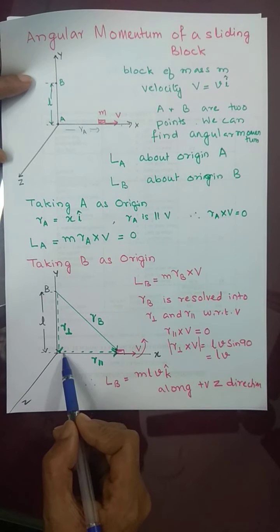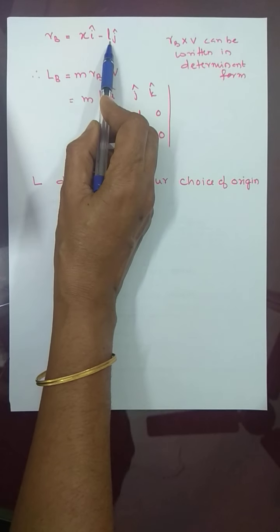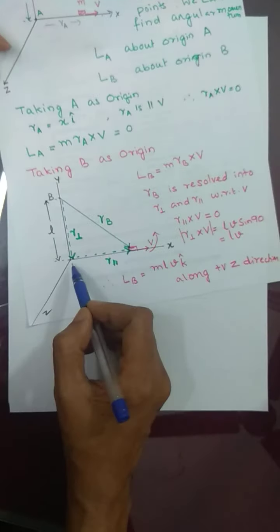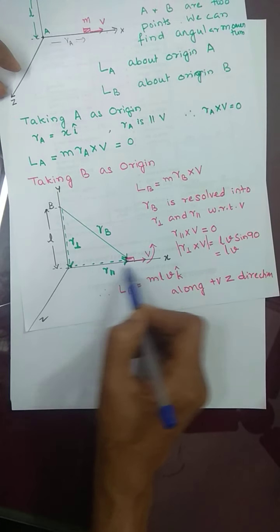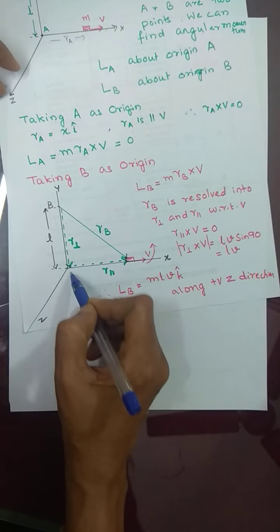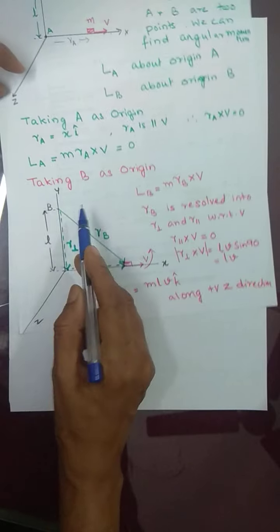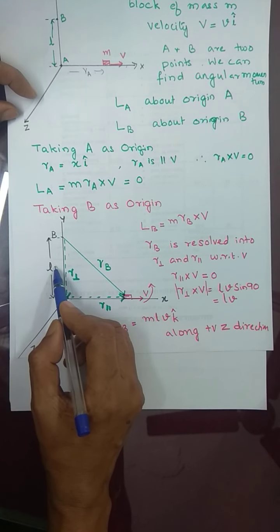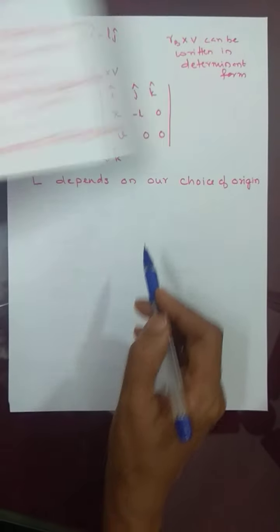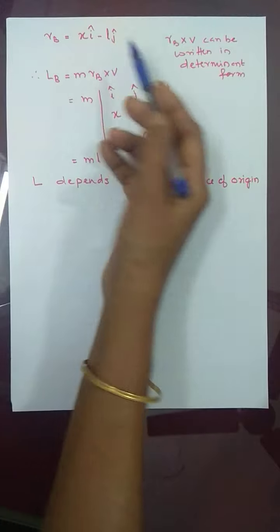Why x i minus l j? This r parallel is x i. This r perpendicular is directed opposite to the y direction, so it has a minus sign, that will be minus l j. So I can write RB as x i minus l j.